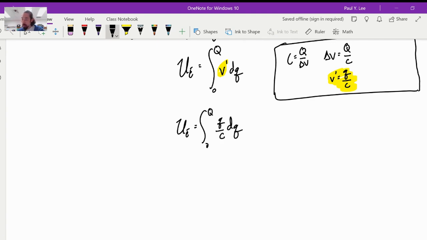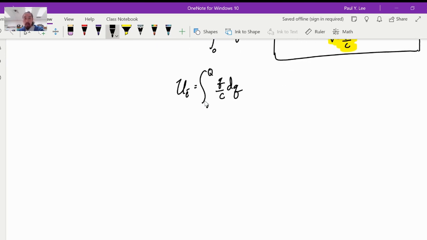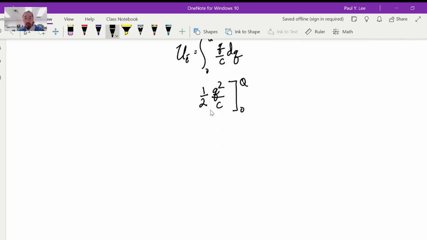And at this point, it's just calculus. So let's go through the calculus together. The constant that we can pull out is the C, and the integral of q dq will be 1/2 q squared. So we have 1/2 q squared divided by C, with our limits of 0 to Q. And that's all equal to electric potential energy.